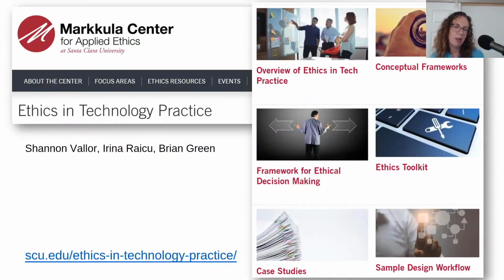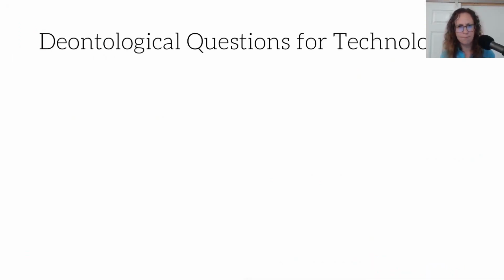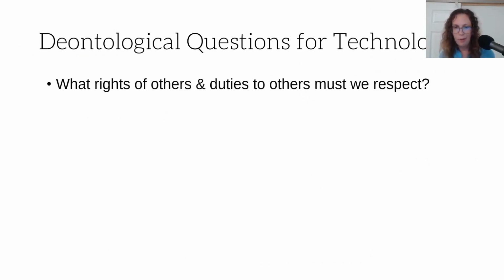So for this part, I mentioned the Markkula Center earlier. Definitely check out their site, Ethics and Technology Practice. They have a lot of useful resources. And I'm going to go through these relatively quickly as just examples. So they give some deontological questions that technologists could ask. Deontological ethics are where you have various rights or duties that you might want to respect. And this can include principles like privacy or autonomy.